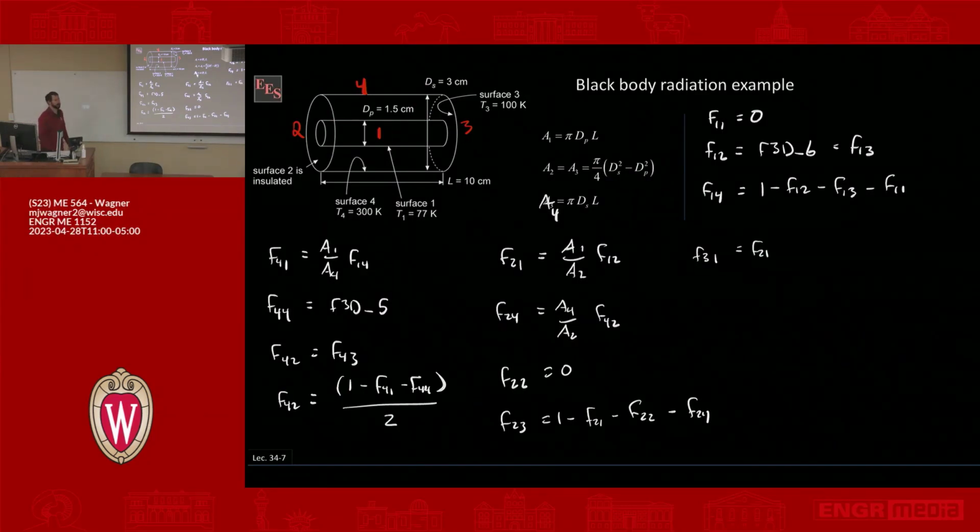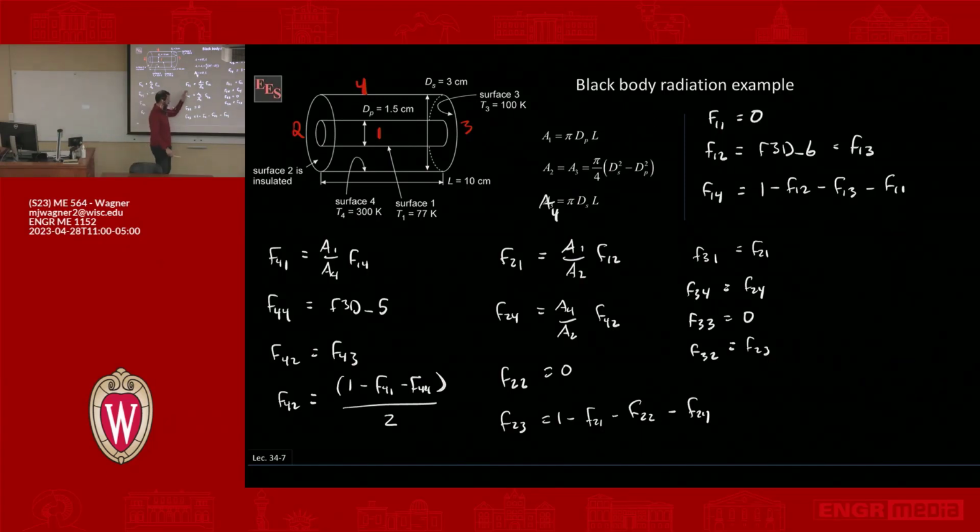That's one where you'd say, by inspection, I am making this judgment. F3,4 equals F2,4, again by inspection. F3,3 equals 0. F3,2 equals F2,3. Because that surface is exactly the same, it's exactly the same both ways.